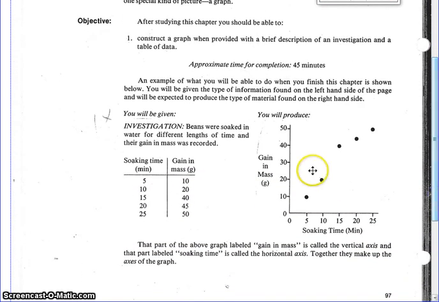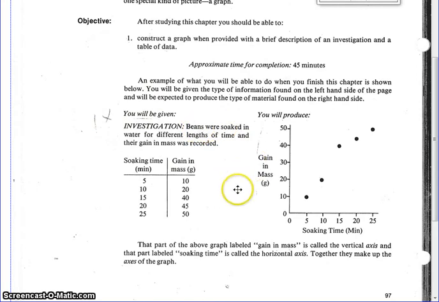So here we go. An example of what you will be able to do when you finish this chapter is shown below. You'll be given the type of information found on the left-hand side of the page, and you'll be expected to produce the type of material found on the right-hand side of the page. So you'll be given an investigation like this.